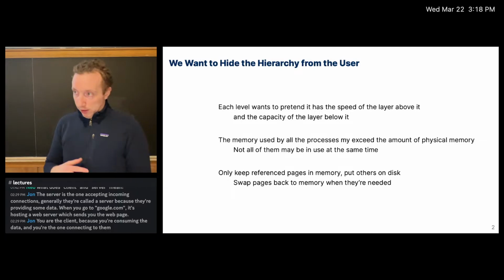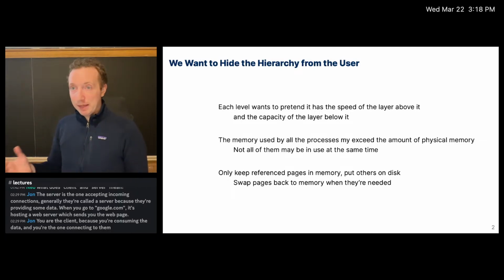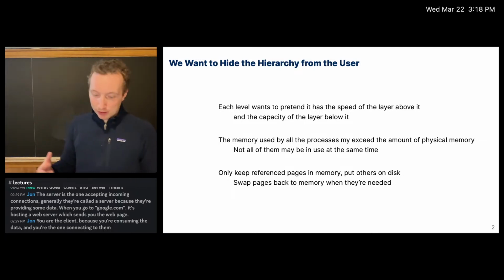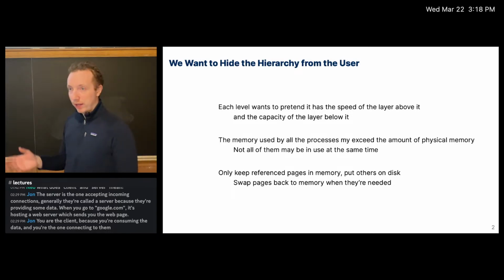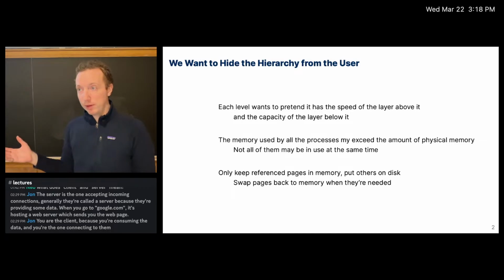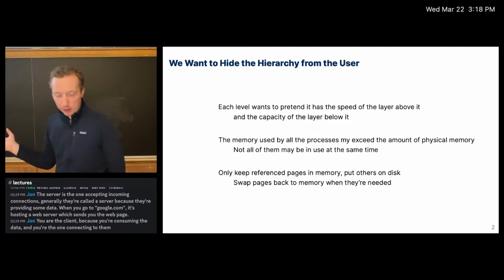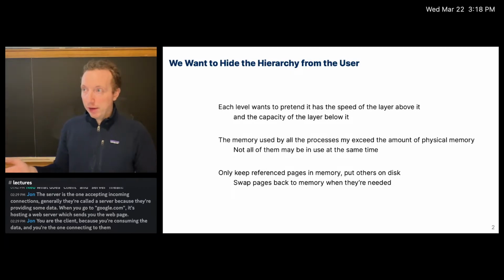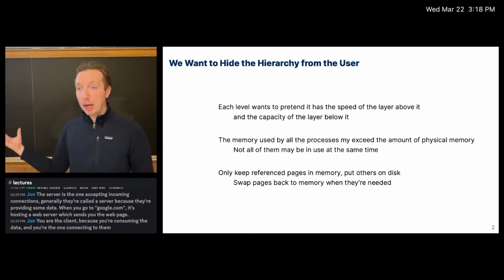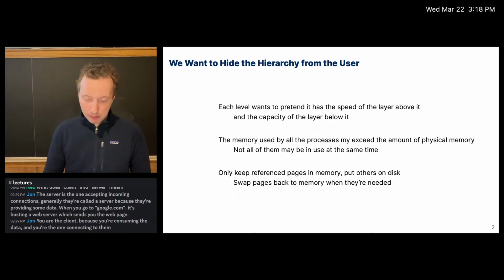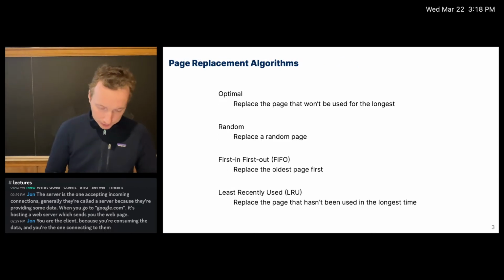The idea is you only keep pages in memory that are actually referenced, and put others on disk. Sometimes you have the nice property like we saw before, if your disk block sizes are the same as your page sizes, you can just throw them on there willy-nilly. Whenever you need to access that information again, you can read it back from disk and put it back into memory.